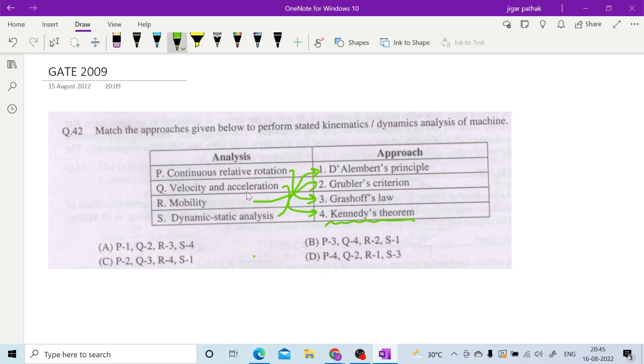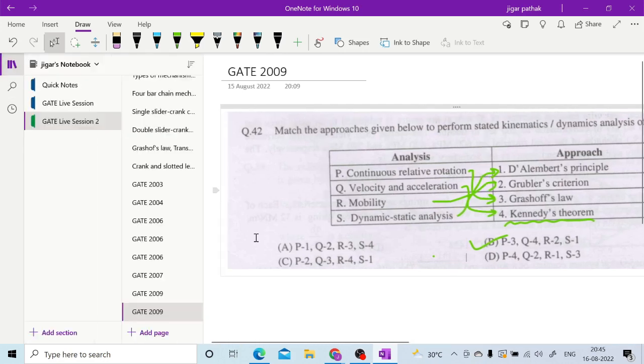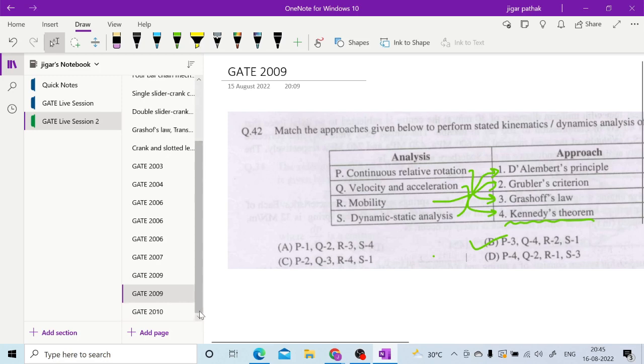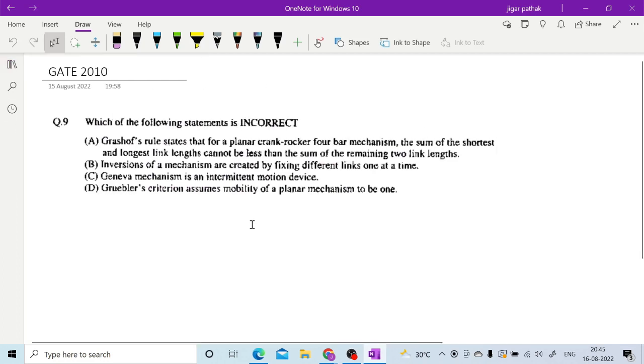Here the option B is correct, because continuous relative motion is Grashof's law. And this is the last one. Let us see the last one. This is also very simple. Which of the following statements is incorrect?